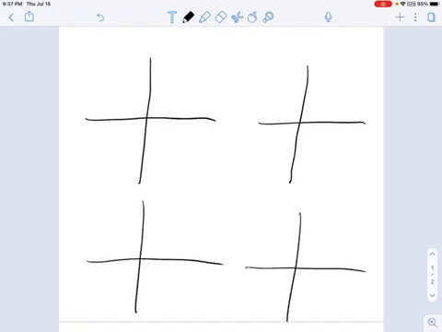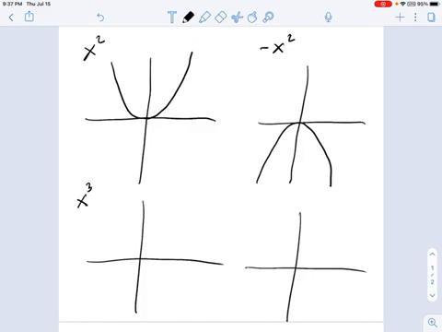So you have things that look like x squared. Okay? You have things that look like negative x squared. And that's just flipped over upside down because of the negative sign. Then you have things that look like x cubed. And that's, remember, this sort of wiggly snake picture. And then the upside down version of that.